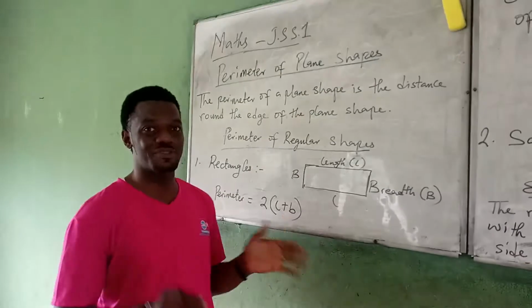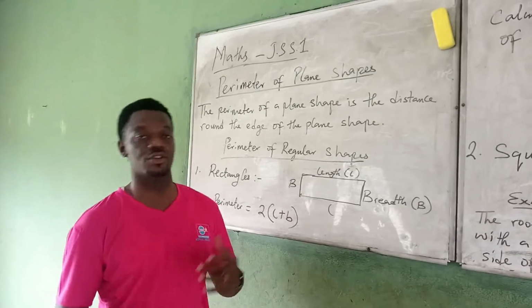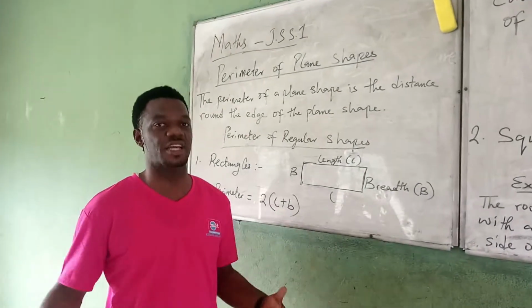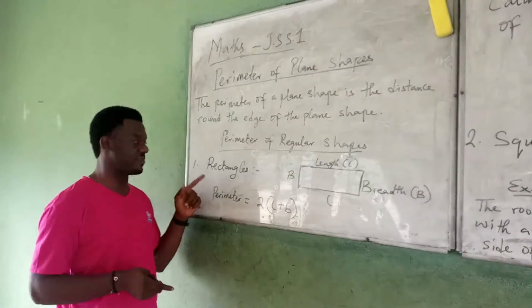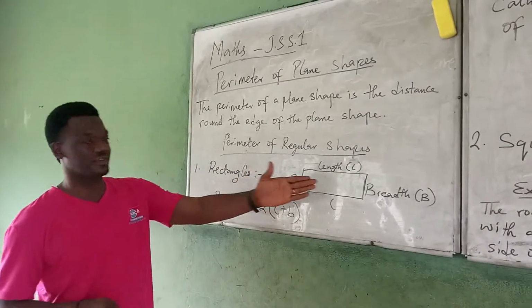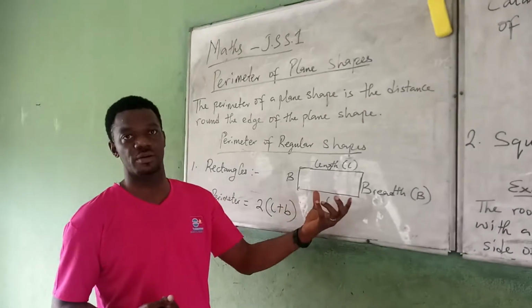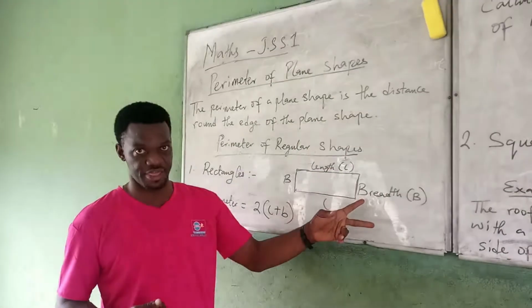But we are dealing with the perimeter of regular shapes that are defined, like rectangle, square, triangle, circles. The first of these regular shapes is the rectangle. Just as we discussed in our previous lesson, a rectangle comprises the length and the breadth.